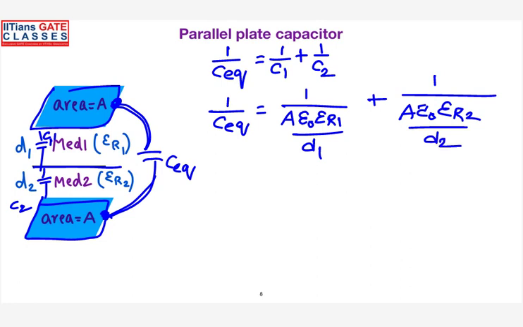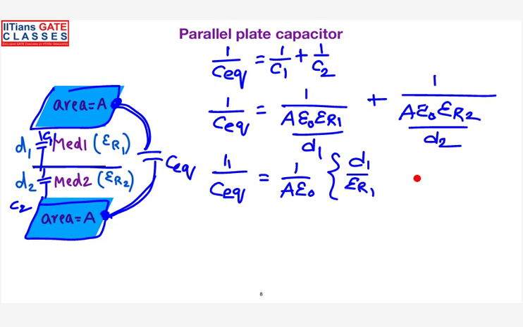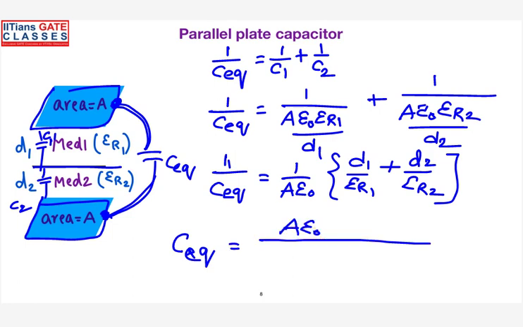So you can simplify that. So 1 by C equivalent is equal to 1 by A epsilon naught, you take common, and you will get D1 by epsilon R1 plus D2 by epsilon R2. So take the reciprocal right now to get the actual capacitance. So the reciprocal will be A epsilon naught divided by D1 by epsilon R1 plus D2 by epsilon R2.